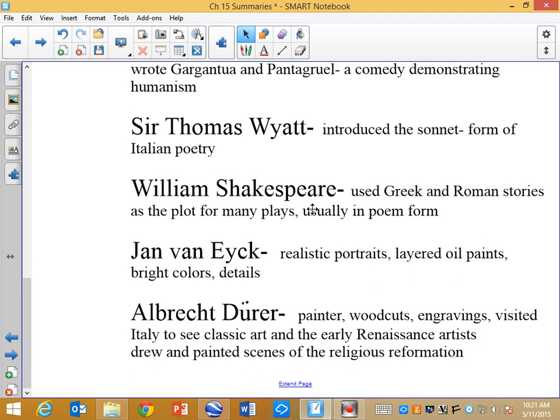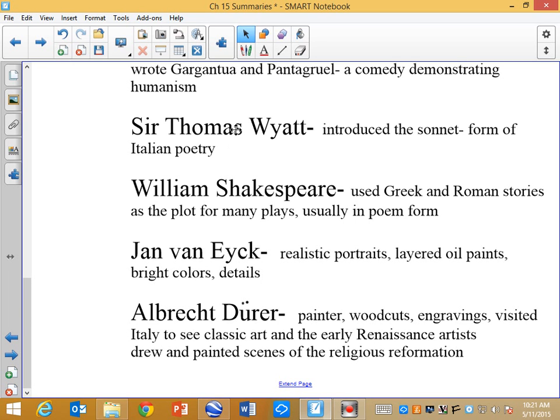But Shakespeare is extremely, extremely important to us because of how he has had an effect on all kinds of writing even today.